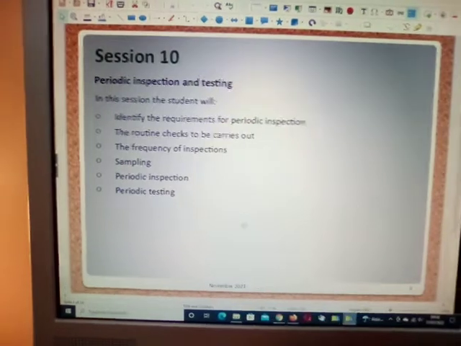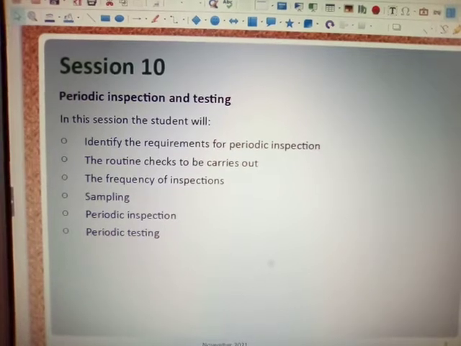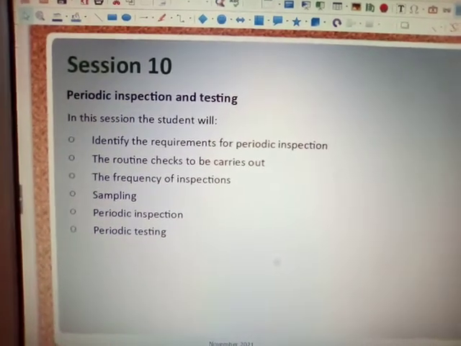Now, and here we are. Next we're looking at periodic inspection and testing, and that outlines what we intend to be able to do in session 10.